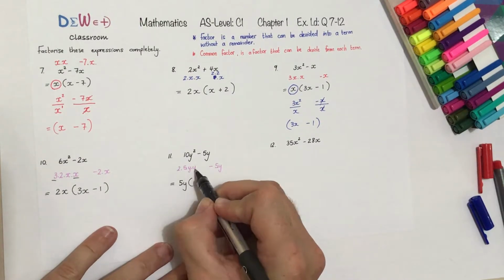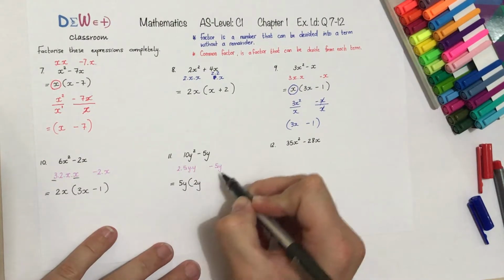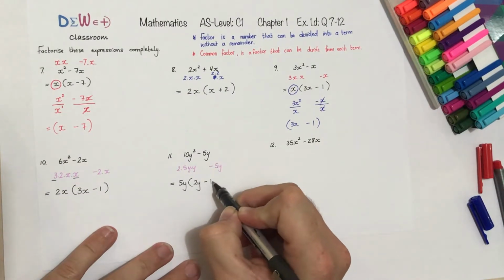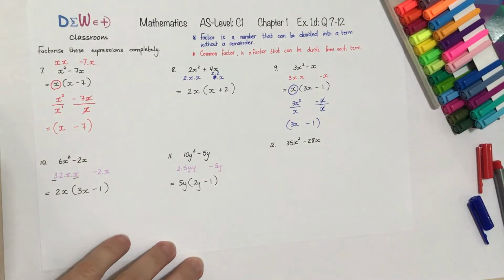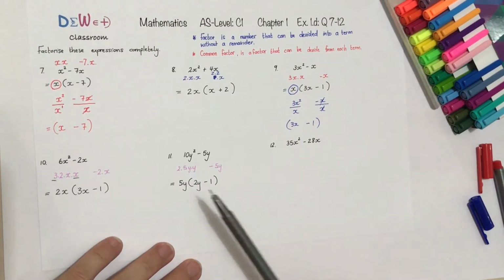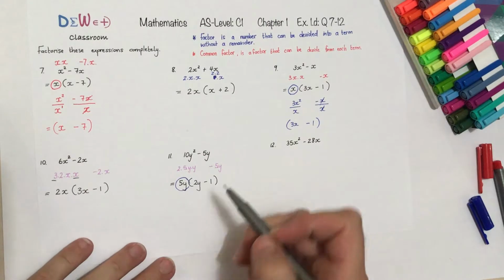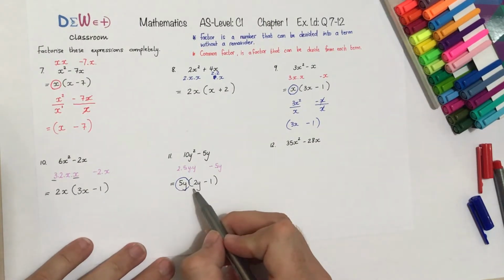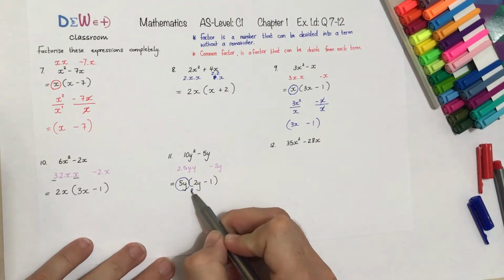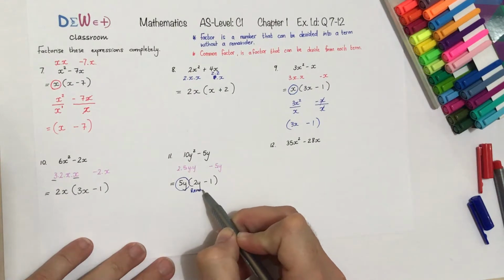We are left with a 2 and a y, so 2y, and on this side, minus 1. Easy and straightforward. Please, once again, remember that when we take out this common factor, it means that both of your terms can be divided by this common factor, and this will effectively be the remainder.